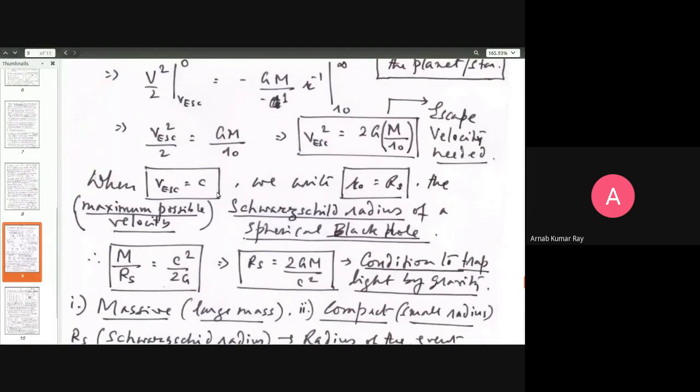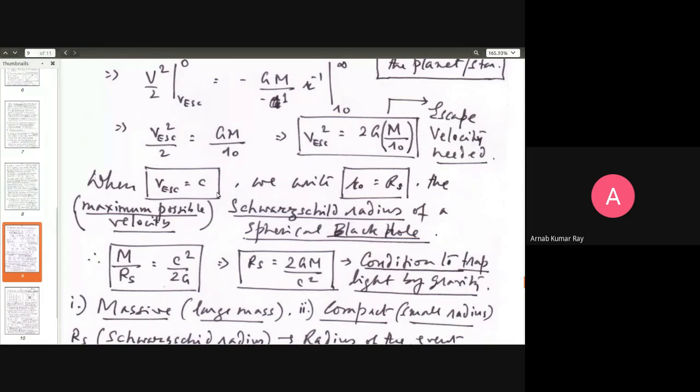And if light is unable to escape, then any observer standing far away will not be able to receive any light from that object. And so as far as that observer is concerned, this whole package of matter might as well be black.